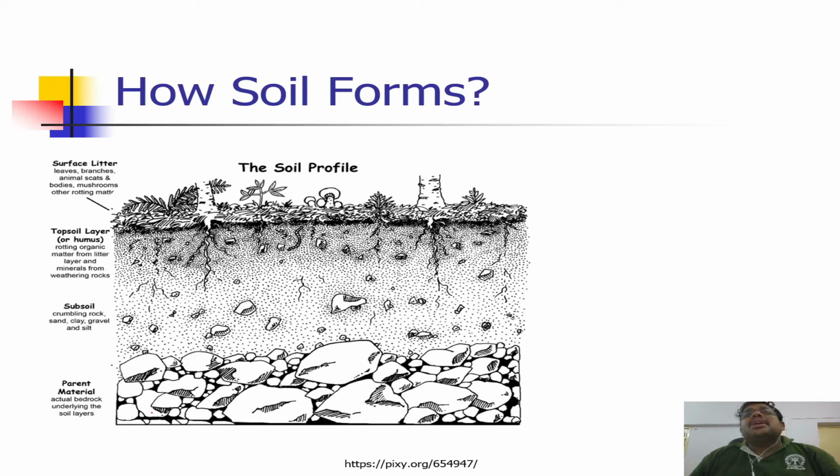So this is how soil forms from parent rocks through the action of both physical weathering and chemical weathering. Remember, this process is very slow. Even if it is very fast, it takes hundreds of years to develop 1 inch of topsoil. Let us see these physical weathering and chemical weathering processes in detail in our next slides.